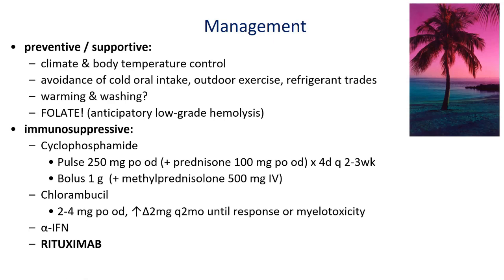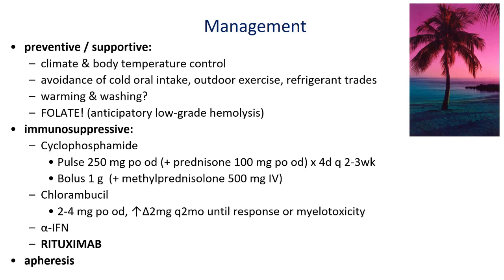So that could be cyclophosphamide, chlorambucil, or alpha interferon. But what's more popular now than any of these cytotoxic agents, as these alkylators can cause dysplastic harm downstream, is to just use chemoimmunotherapy, use rituximab, anti-CD20 therapy, off-label to kill off the cells that are generating this problem at the root cause level.